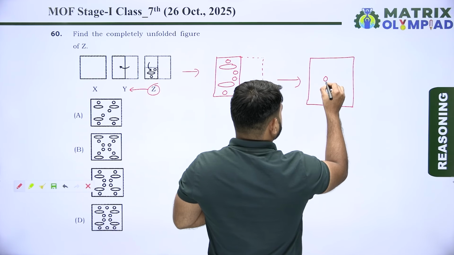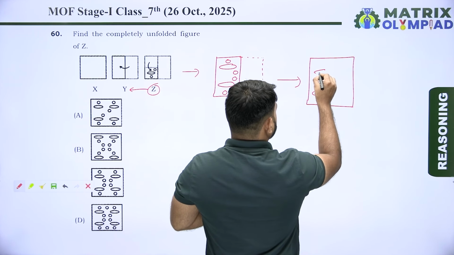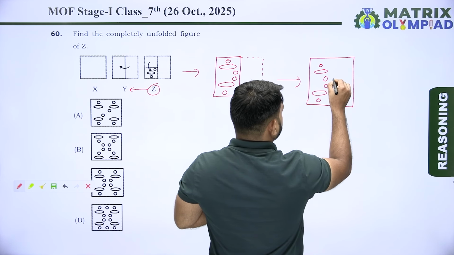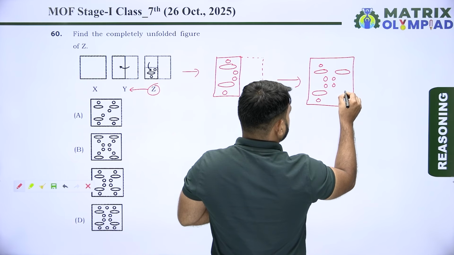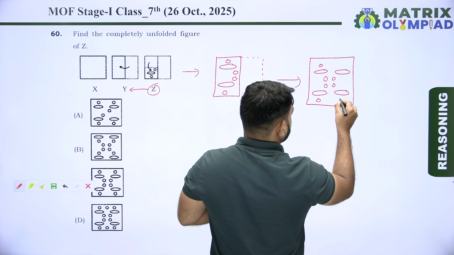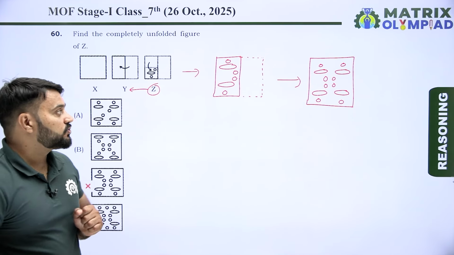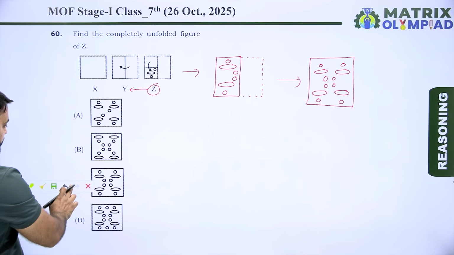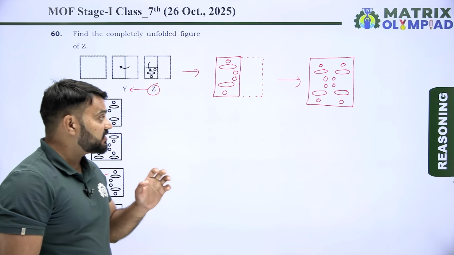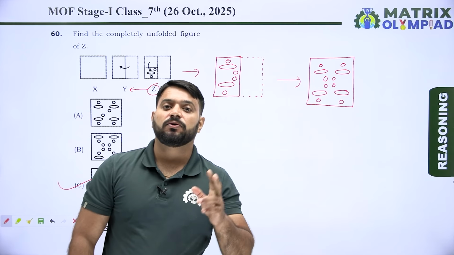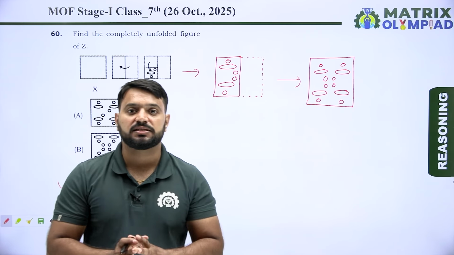And the mirror image of this part will look something like this. This is the correct unfolded figure. So here option C is the correct answer of this question because option C shows the correct unfolded figure.